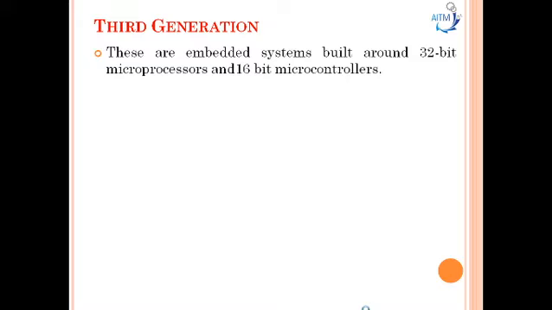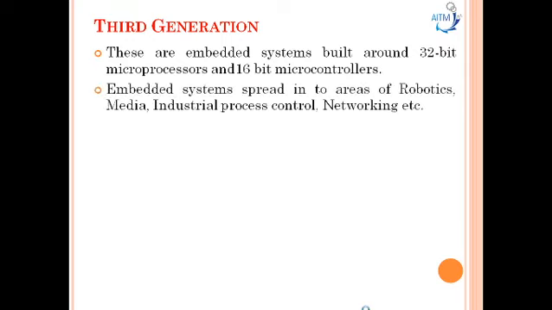The instruction set of processors became more complex and powerful, and the concept of pipelining. So remember this point, the concept of pipelining is introduced in this generation. And embedded systems spread into areas of robotics, media, industrial process control and computer networking and many more areas.